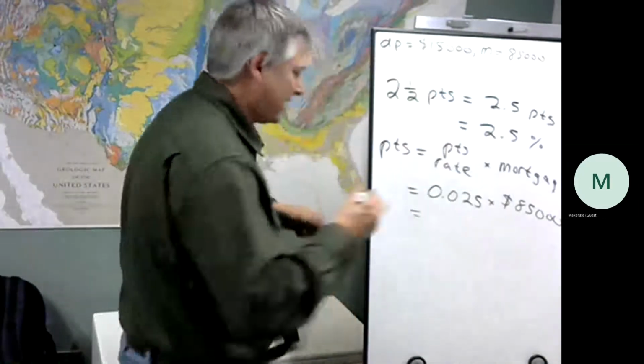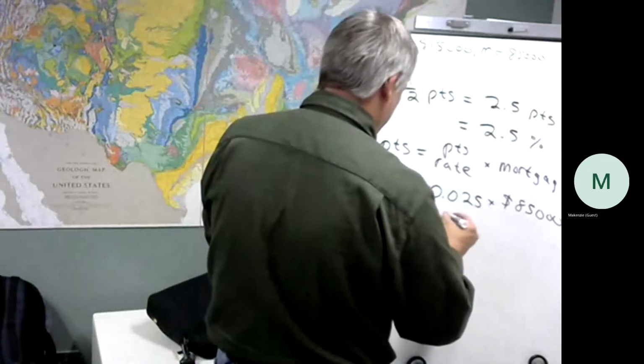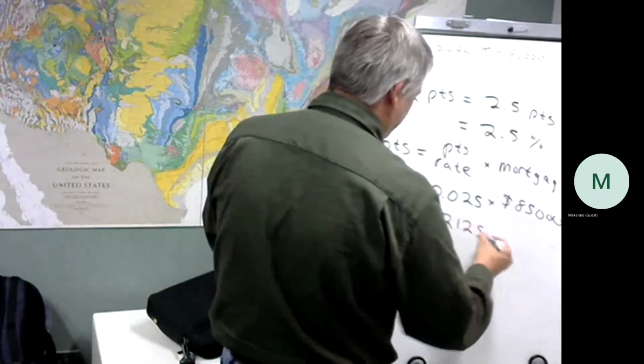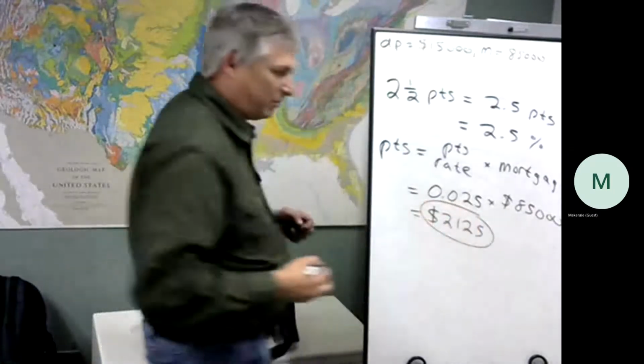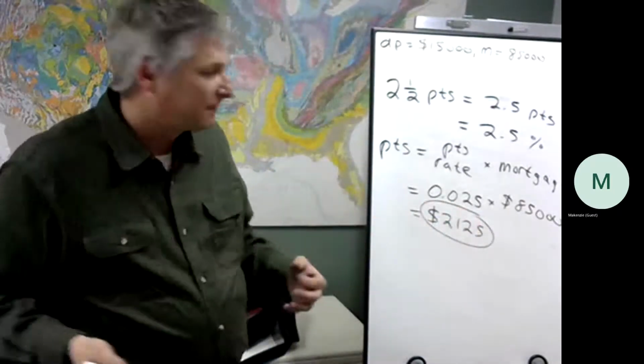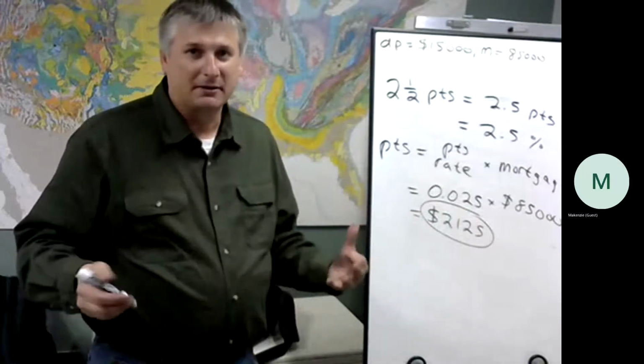And so we get 2,125. So that's the amount due to points. And points involve all kinds of different fees in processing and things like that.